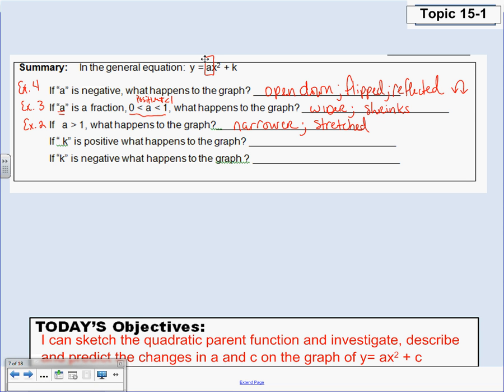Now the k is the number that's on the end. And so I'm adding k. If that k is a positive number, that's like the first part of example 5. If it was positive, it shifted up. You could also say it moved up. If k was negative, again from example 5, we know that it shifted down.